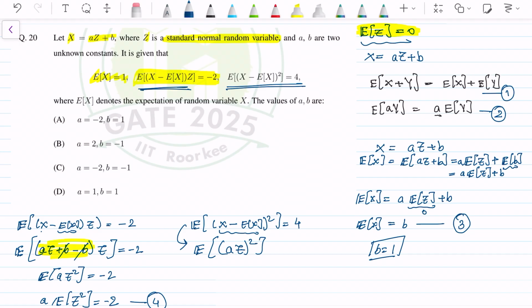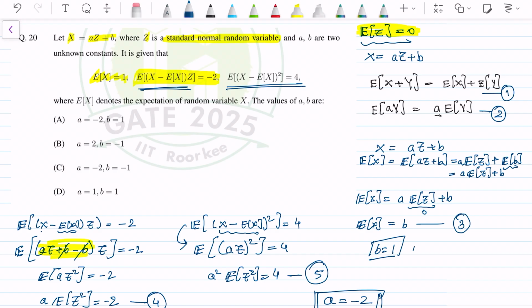If we repeat the same step, हमें ऐसा मिल जाएगा. So now expectation of (az) square is 4, and जो equation 2 थी हमारी उससे हम इसको रीराइट कर सकते हैं a square expectation of z square is equal to 4. अब हमारे पास एक और एक्सप्रेशन आ गई, एक्सप्रेशन 5। अब जब हम एक्सप्रेशन 5 को एक्सप्रेशन 4 से डिवाइड कर देंगे, तो हमें क्या मिलेगा, हमें मिल जाएगा a is equal to -2.